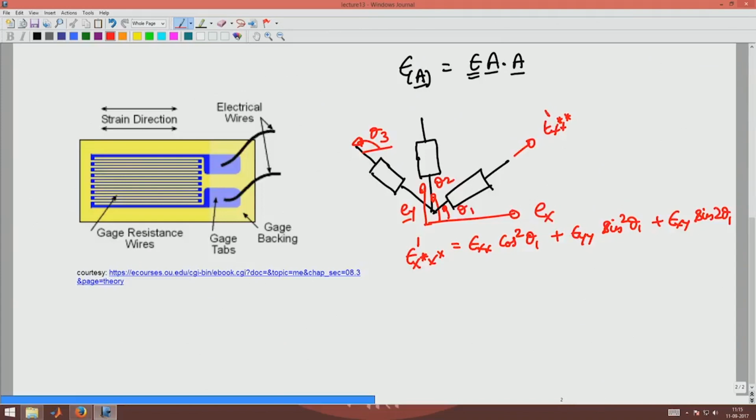Then similarly, let us say epsilon 2 is the strain measured along this direction, this is epsilon xx star 2. It is epsilon 2, that will be epsilon xx cos square theta 2 plus epsilon yy sin square theta 2 plus epsilon xy sin 2 theta 2.